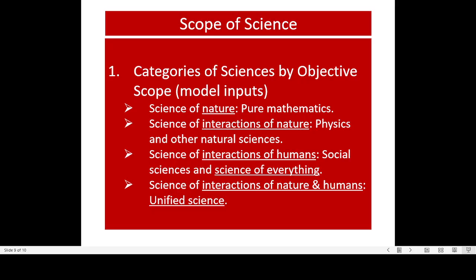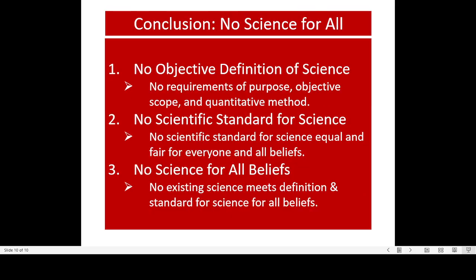Social science right now dominates this space. The problem is social science is not a quantitative description of interactions of humans. Number one. Number two, it doesn't include a whole lot of other things that should be included in the scope of science. And lastly, unified science of interactions of nature and humans. So that's the scope.